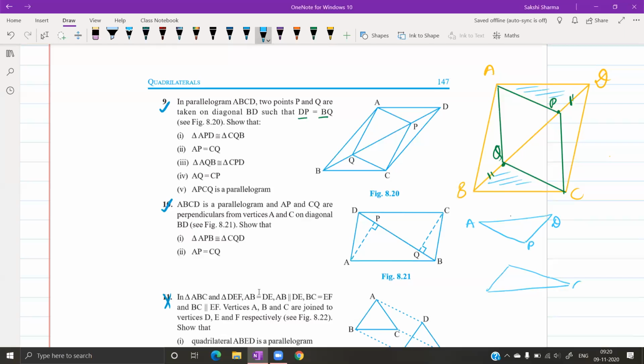APD and CQB. Out of the 2 triangles, DP and BQ are given equal. Can you identify 2 more pairs of equal parts so that we can prove the congruence? AP equals QC. Angle ADP equals angle QBC.